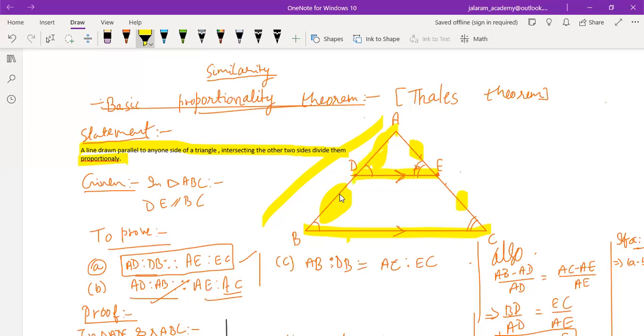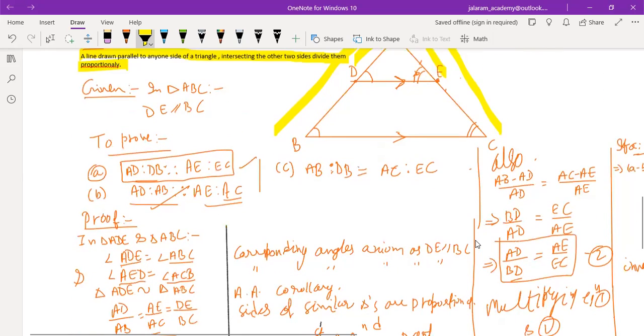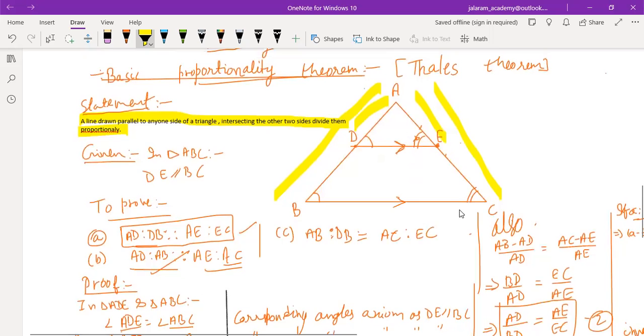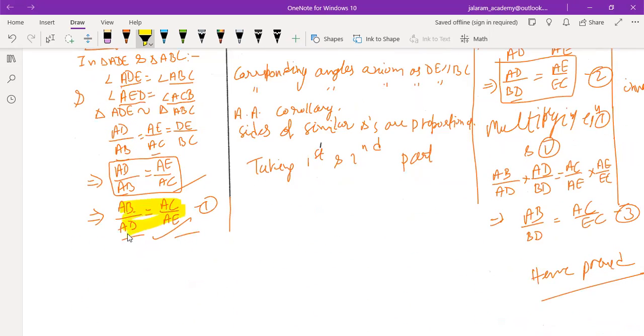Means AD is to DB equals AE is to EC. Similarly, this ratio also refers as AD upon AB equals AE upon AC, which we have written as equation number 1 or the previous equation. Both are the same things.